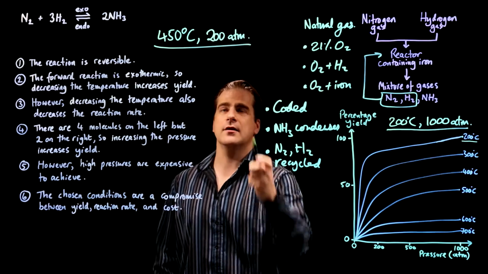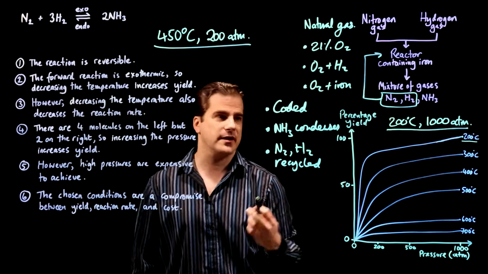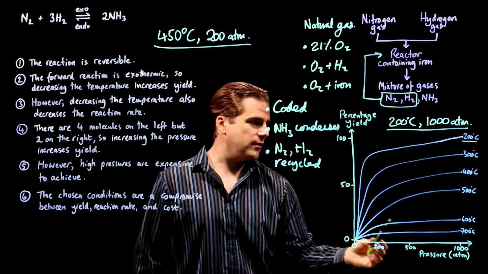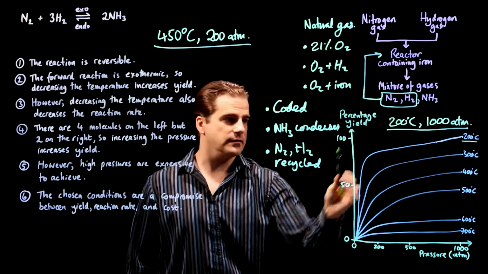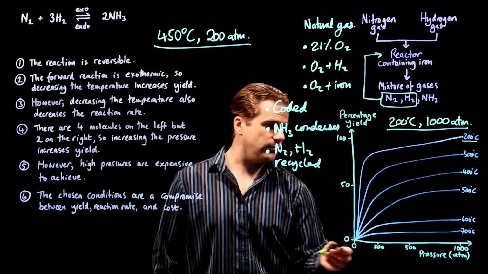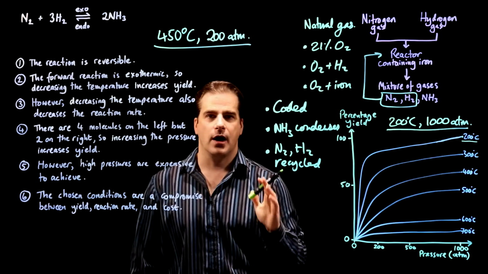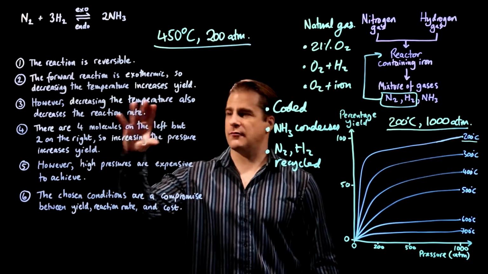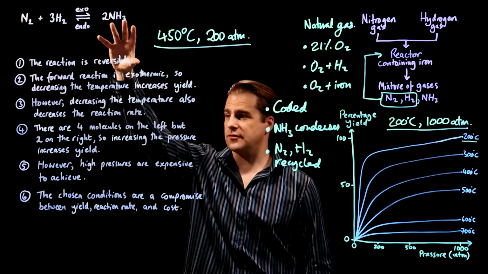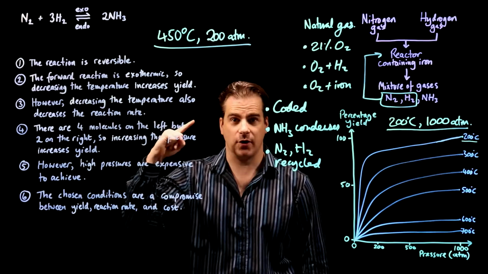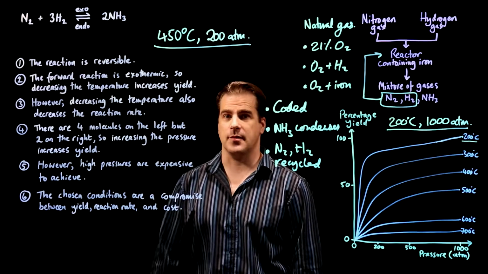You have to explain why these particular conditions are always used in the Haber process, despite the fact that with lower temperature, for example, you can get a higher yield. And also with increasing pressure, much bigger pressures, that also increases the yield. Okay, well, I've written out the textbook exam answer here. So just remember this, tattoo it on your brain, commit it to memory, and just regurgitate it in the exam, and you get maximum marks.